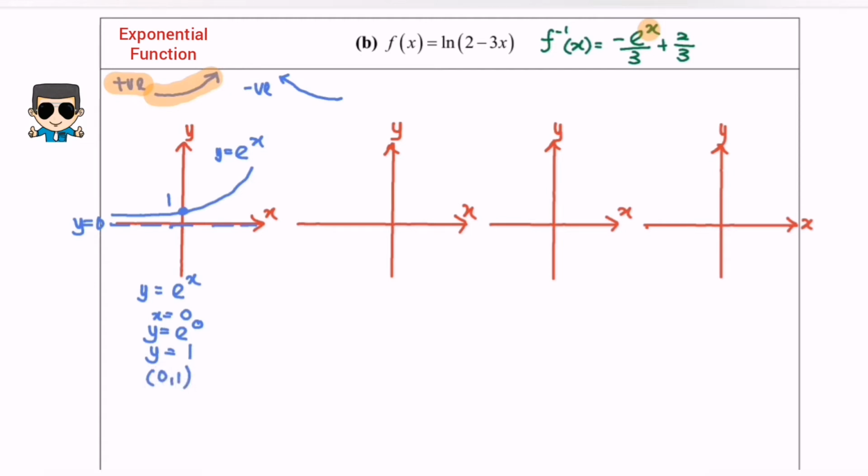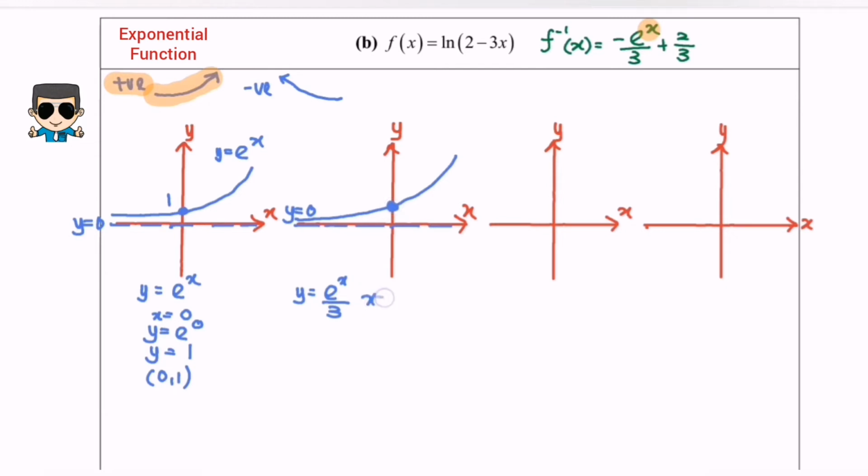Next, we are going to multiply with 1 over 3. The second basic graph is e to the power of x multiplied with 1 over 3. The idea is still the same, meaning the asymptote is still y equals 0, because 0 multiplied with 1 over 3 is still 0, and the graph will be the same, just the value of y changes.